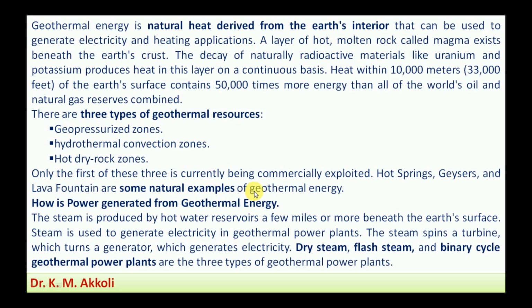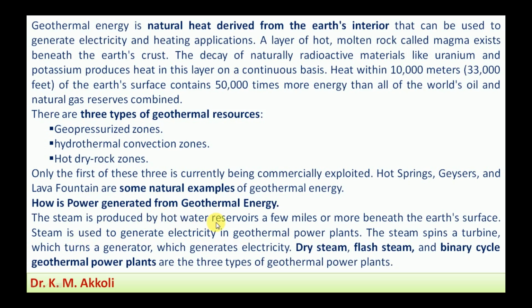Then lava fountain, where the lava itself, the molten rock, comes out of the earth. These are the natural examples of geothermal energy. In certain regions, the magma, the molten rock, is nearer to the earth surface, only a few kilometers deep, and in those regions the geothermal energy is potential energy, and that can be used.